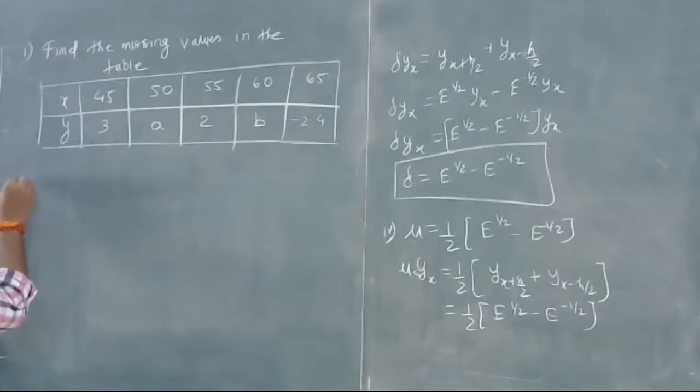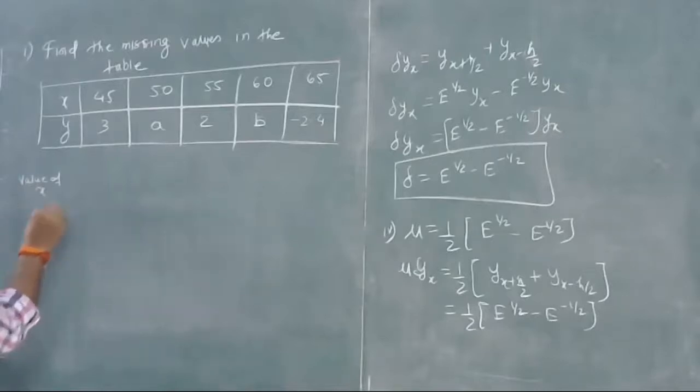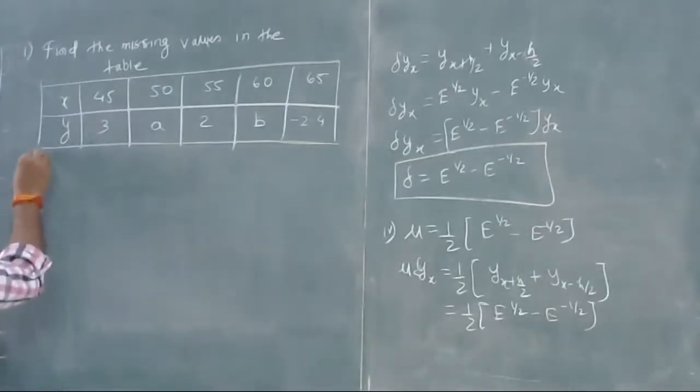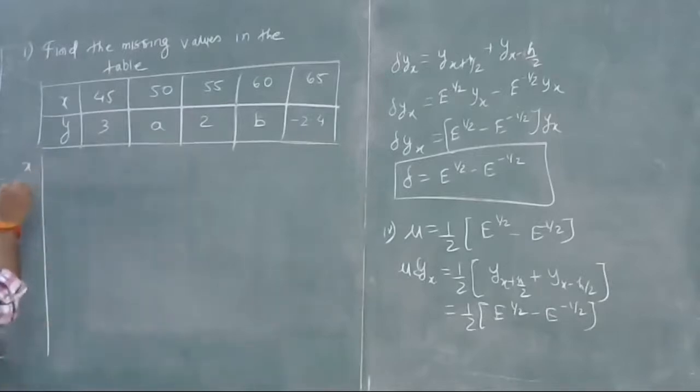The values of x are 45, 50, 55, 60 and 65.